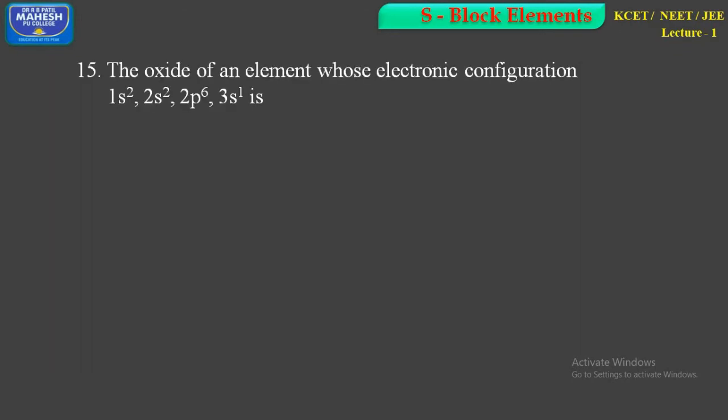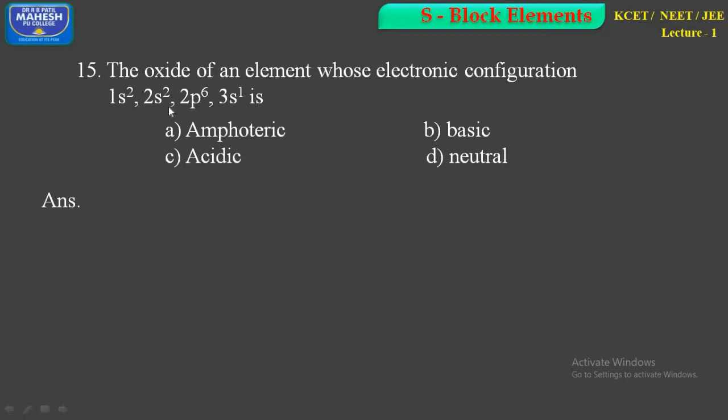Question 15. The oxide of an element whose electronic configuration is 1s2, 2s2, 2p6, 3s1. Option A, amphoteric. Option B, basic. Option C, acidic. Option D, neutral. Students, the electronic configuration given in the question is 1s2, 2s2, 2p6, 3s1.